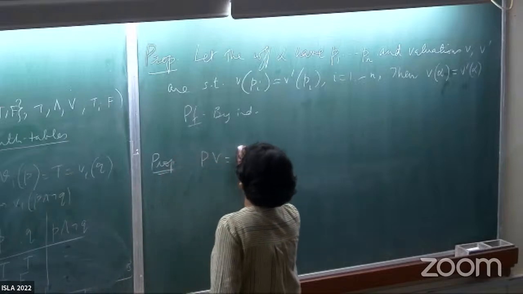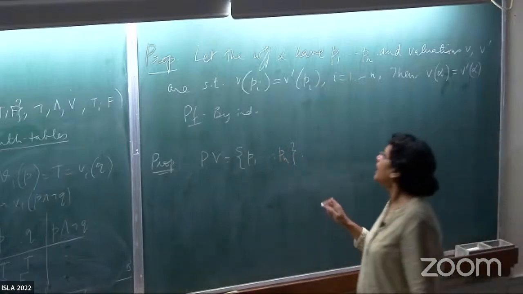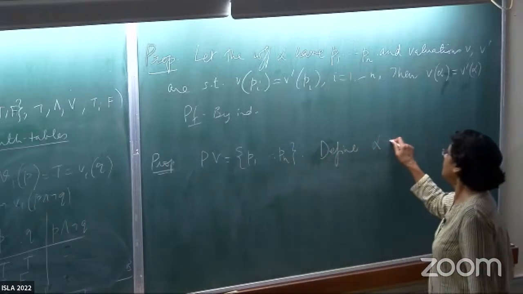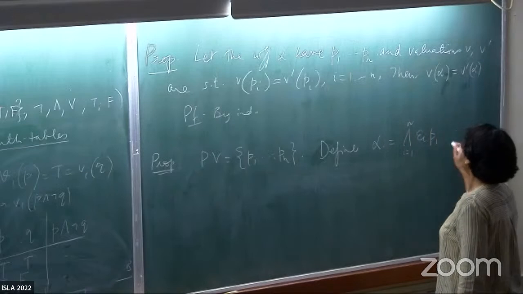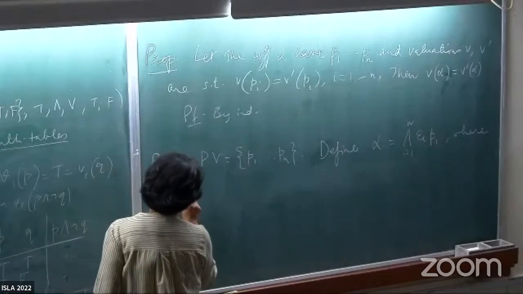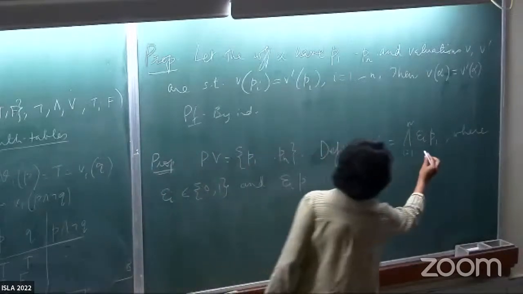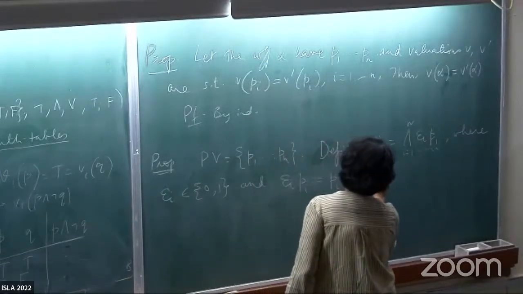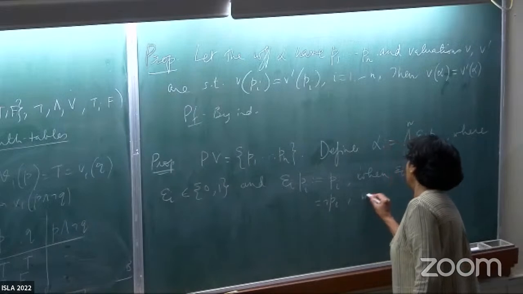Suppose my propositional variable set has these n members, and let me define a formula alpha as the conjunct of, I'll just in a moment explain the notation, where the epsilon i's are either 0 or 1, and this entity is defined as Pi itself when epsilon i is 1, and otherwise it is negation Pi.